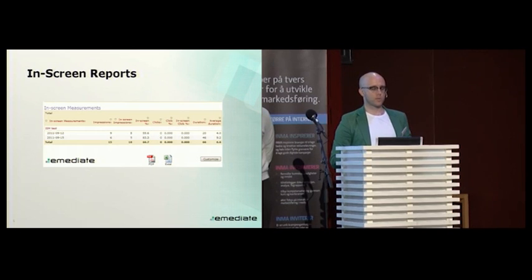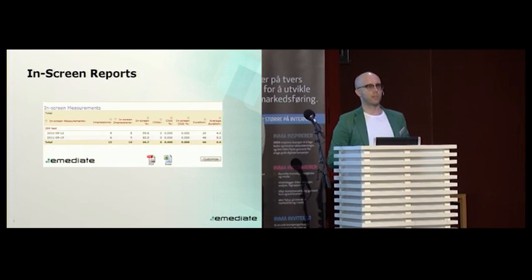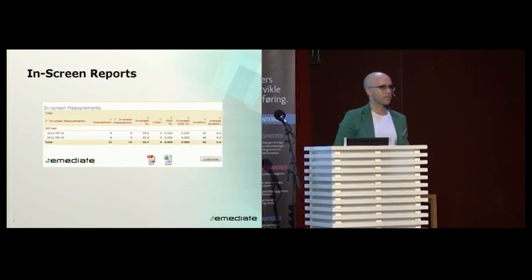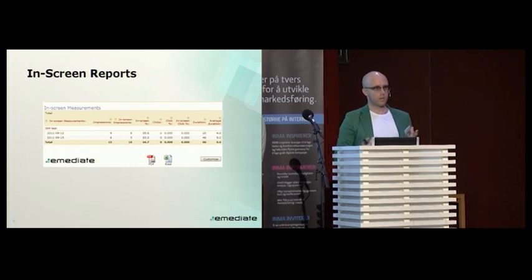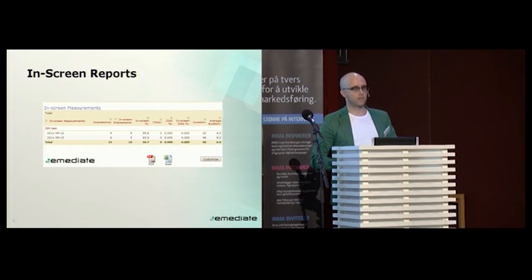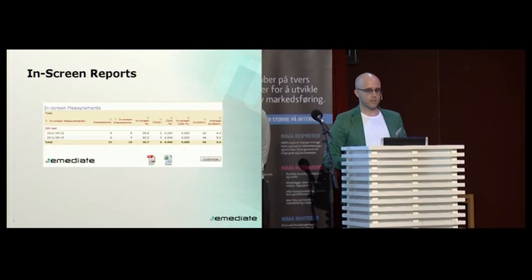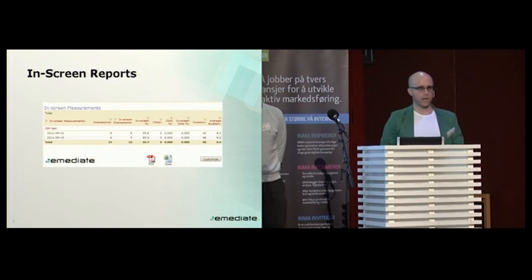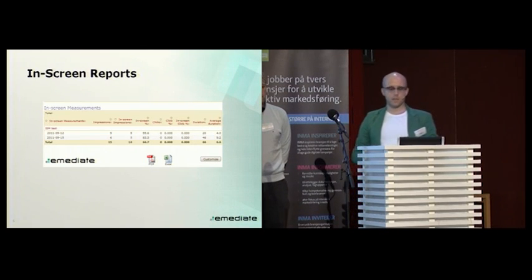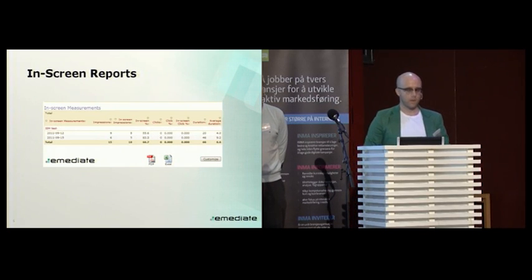And out of those 9, you have 5 in-screen impressions, which means that 5 of those impressions were actually more than 50% visible in the browser window of one or several users. That gives an in-screen percentage of 55.6. I don't know if that's good or bad. And in the end, you'll see the duration and the average duration.